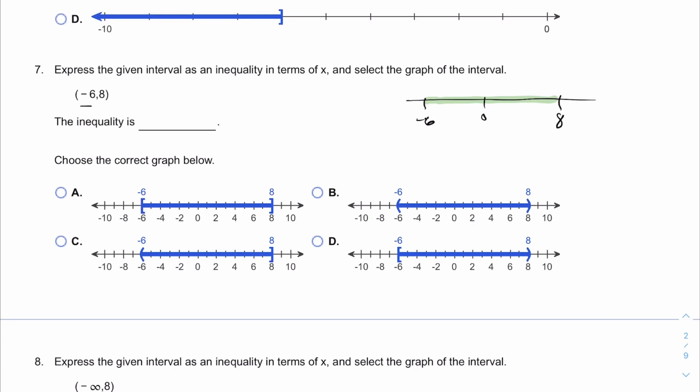Now we need to know, what do the endpoints look like? Well, parenthesis means it's open. And by the way, when we see a parenthesis, we're talking about less than or greater than, not equal signs.